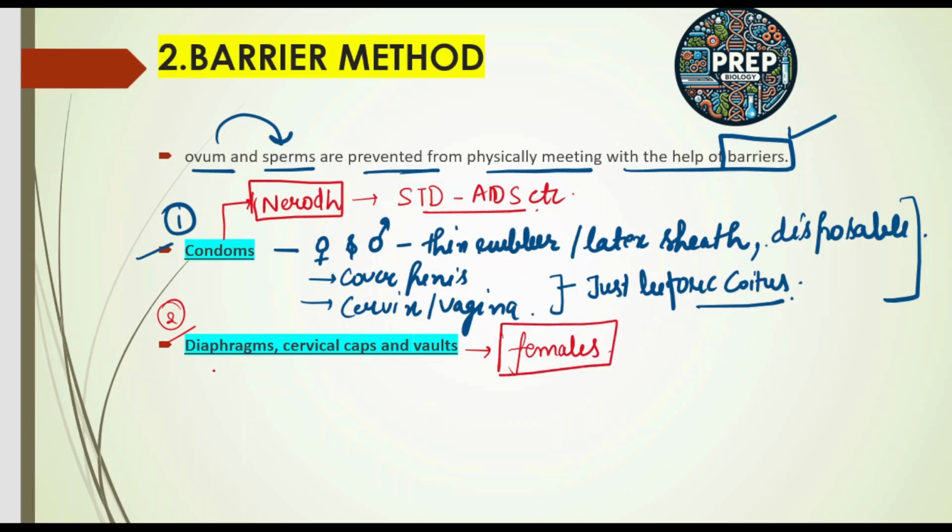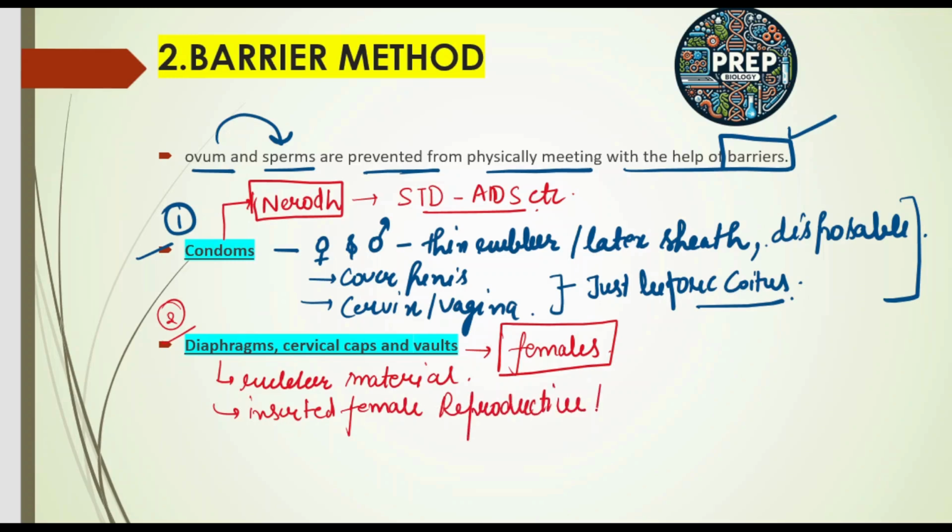These are also a rubber-like material that is inserted into the female reproductive tract, that covers the cervix just before the coitus and blocks the entry of the sperm. This is very, very important.